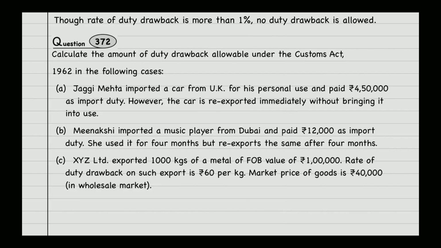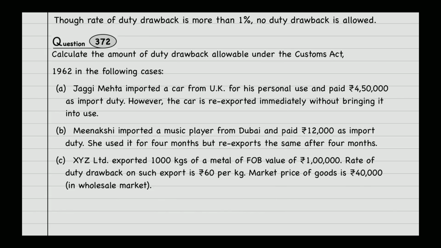A. Jaggi Mehta imported a car from UK for his personal use and paid 4,50,000 as import duty. However, the car is re-exported immediately without bringing it into use. B. Meenakshi imported a music player from Dubai and paid 12,000 rupees as import duty. She used it for 4 months but re-exported the same after 4 months.